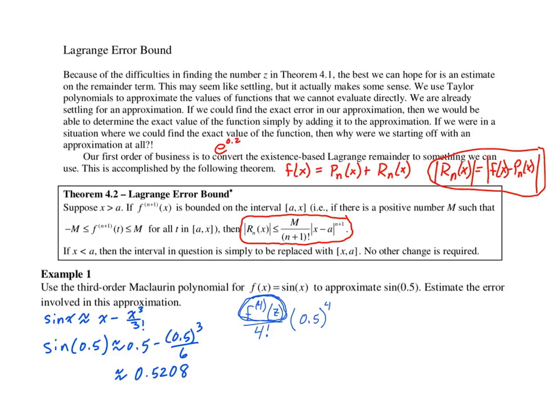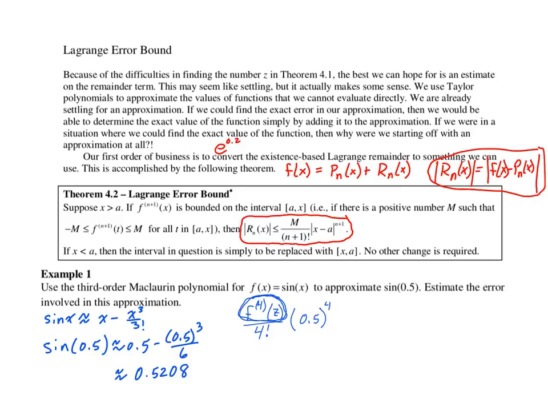Sine and cosine don't really matter because graphically they bounce between -1 and +1. So no matter what we are taking the sine and cosine of, the maximum value of the derivative is going to be 1.